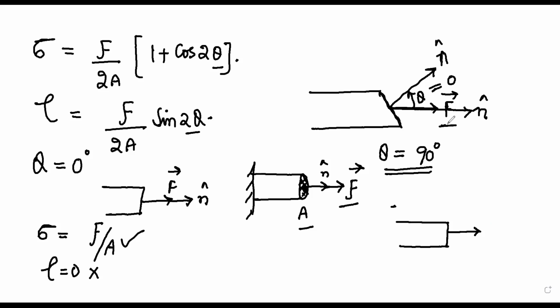Sorry, keep the force in the same direction. F is the direction of the force, and the area vector is at 90 degree. The area vector is in this direction, so you are talking about this area. This is the area vector.